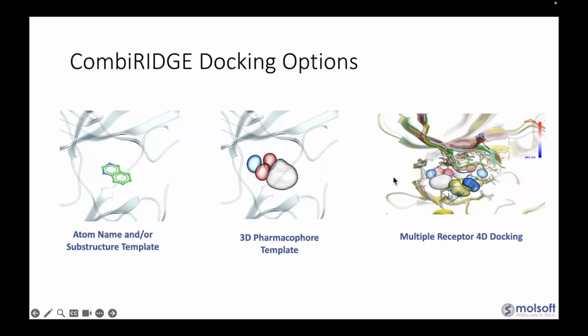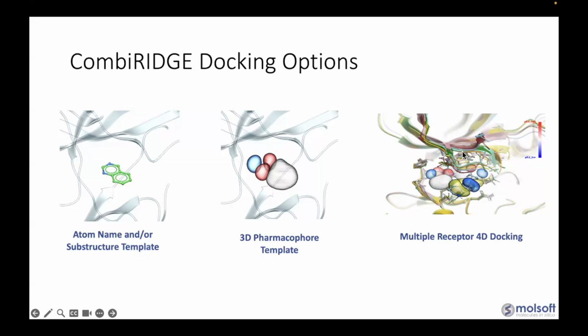And the other option when you're docking the anchors is to use multiple receptor conformations. So we have a method in ICM called 4D docking. 4D docking is an ensemble-based approach to docking. So you can use one or more. In 4D docking, you use more than one. So you use two or more crystal structures or models that represent the flexibility of the binding pocket.